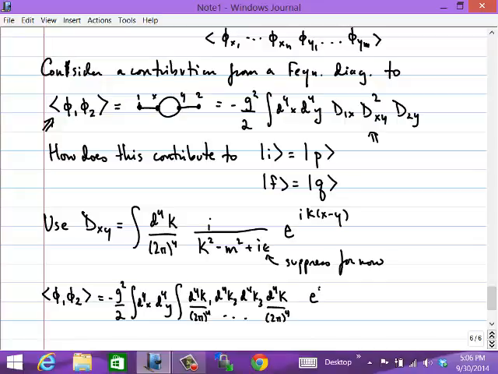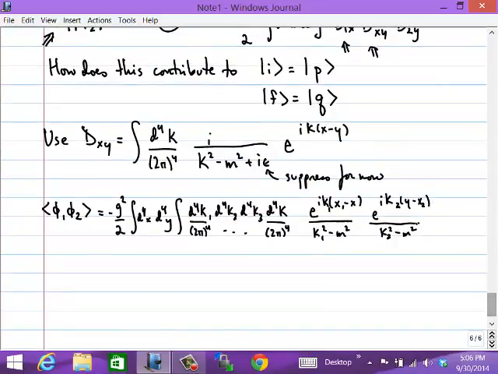Okay, so we have an e to the i k1 (x minus x1) over k1 squared minus m squared. That's this guy right here. And then we had an e to the i k2 (y minus x2) over k2 squared minus m squared.